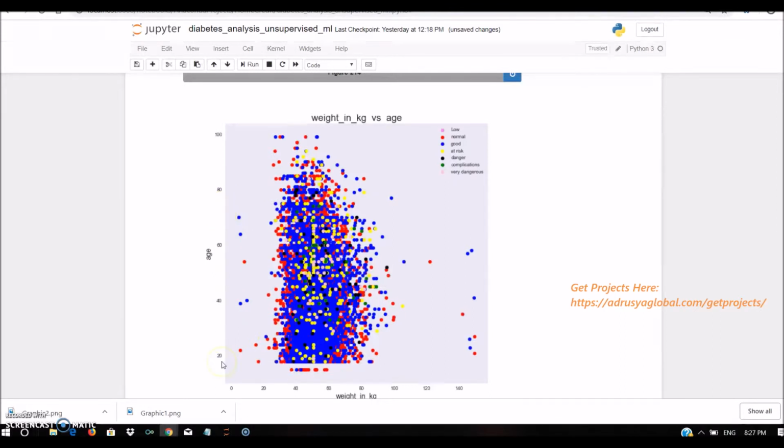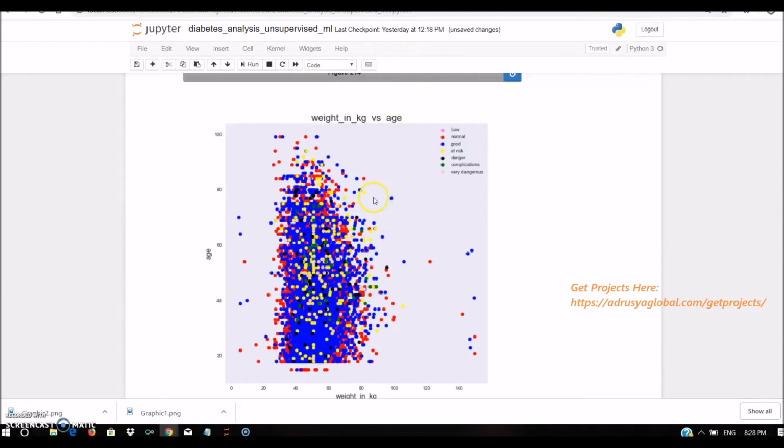It's also interesting to know that in the age group of 20 to around 30, there are quite a few people at risk, and quite a few people even between 20 and 40 who have dangerous and above risk level sugar levels. That is something you can decipher from this graph, but mostly, looking at the colors, we can say most people showed normal to good sugar levels.